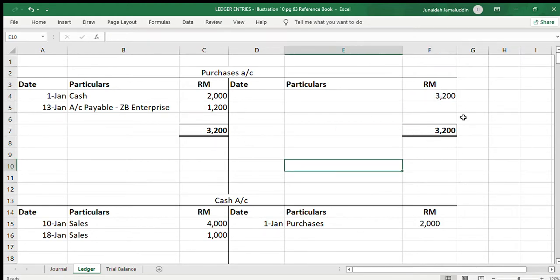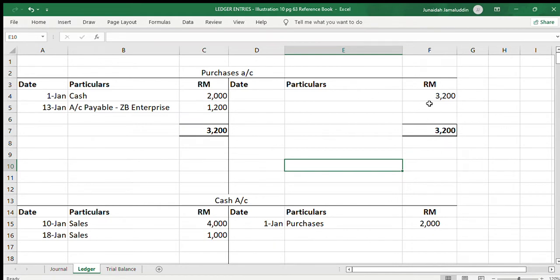Supaya total di sebelah debit ni sama dengan total di sebelah kredit kan. Tadi belah kredit ni total dia kosong, jadi kita kena tambah 3,200 supaya jumlah dia menjadi 3,200.